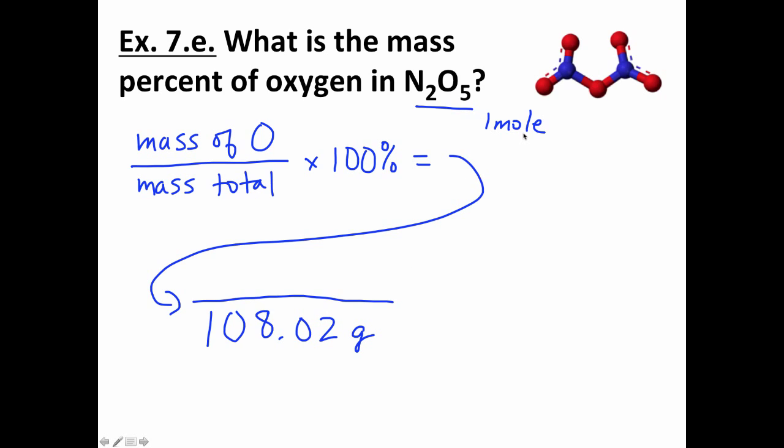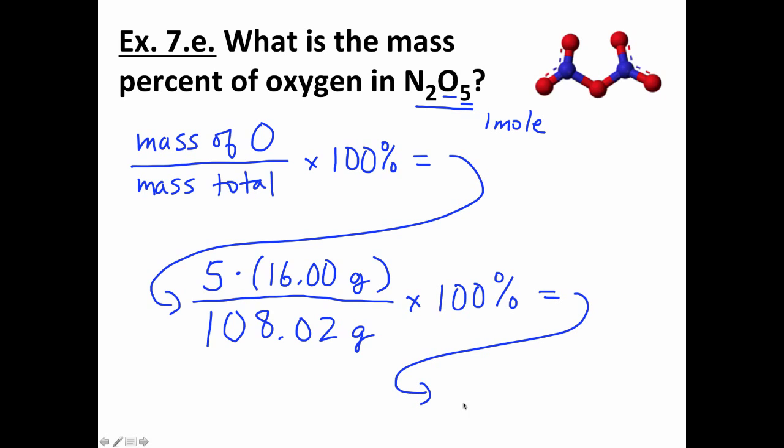And then we know that 1 mole of N₂O₅ contains 5 moles of oxygen, so the total is 5 times 16 grams in 1 mole to give us the total mass of oxygen in 1 mole of this compound, and then times 100%.